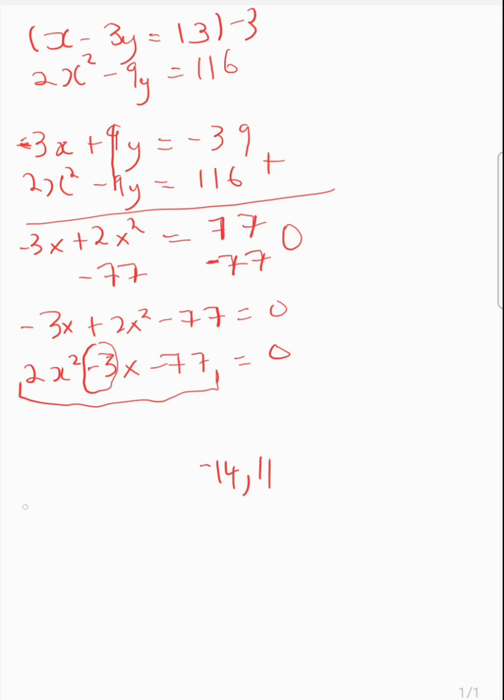Now we are going to have 2x squared, and this minus 3x we are going to break down using these two terms. So on this side we can have plus 11x minus 14x, minus 77 equals 0, right?